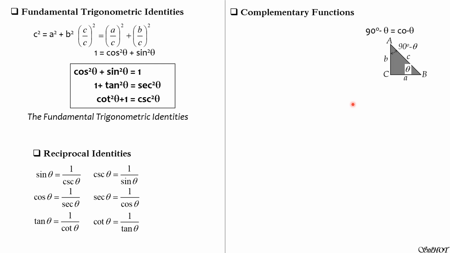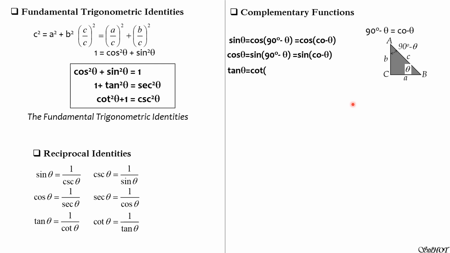Therefore, sine theta is equal to cosine of the complement, so cosine of 90 degrees minus theta, or cosine of quantity cos theta. Then cosine theta is equal to sine of quantity 90 degrees minus theta, or sine of quantity cos theta.